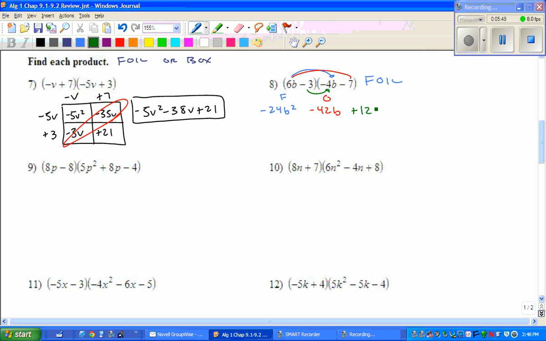Negative 3 times negative 4, negative 3, and then don't forget the b. And then negative 3 times negative 7 is positive 21. Combine your like terms, and you get negative 24b squared, plus, oh, that's not plus, minus 30b plus 21.